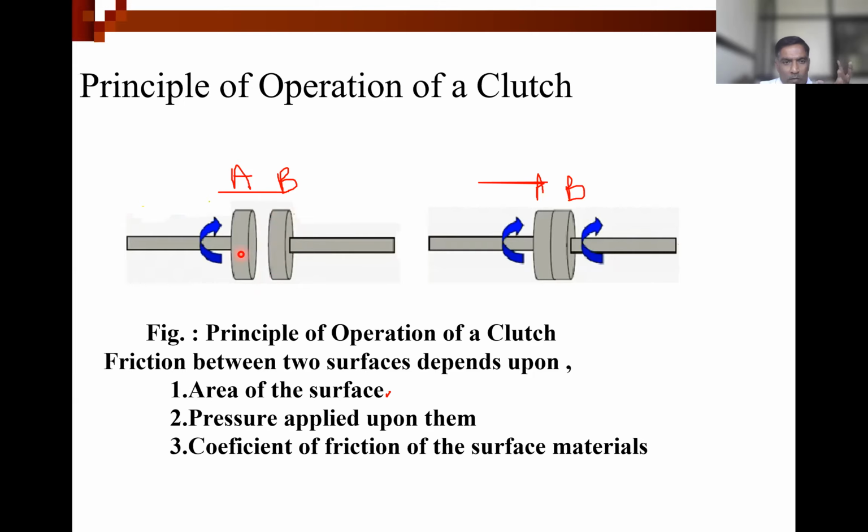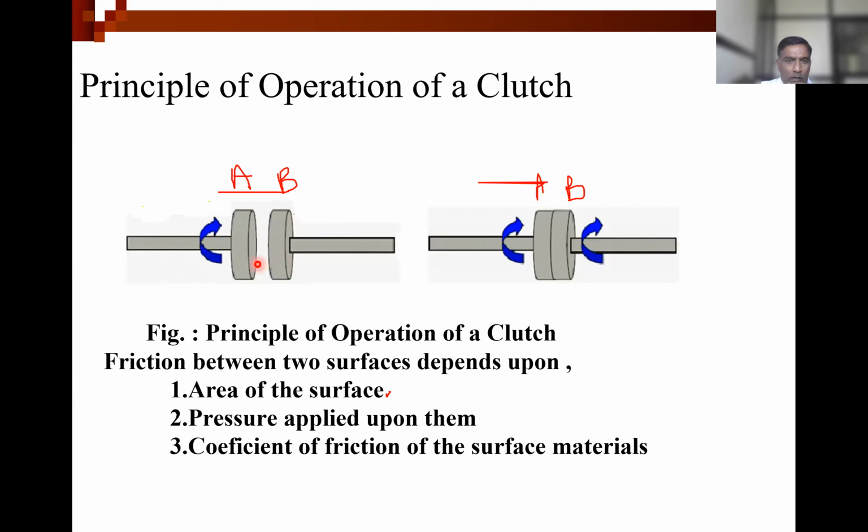Even though A is rotating, you can consider A as a flywheel and this B as a clutch plate or the friction plate. This flywheel is a component of the engine. This is the first component of the transmission system.